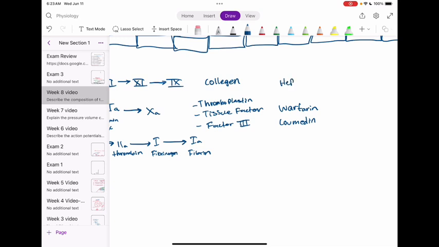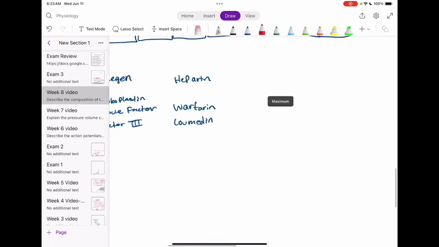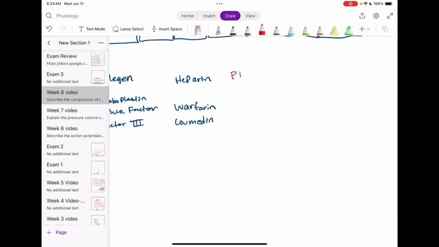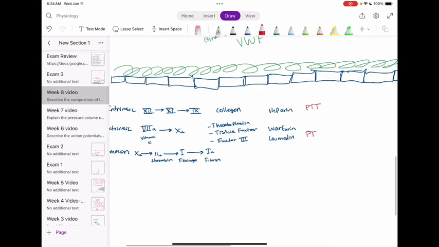We have heparin. The tests to figure out these levels are PTT in intrinsic and PT in extrinsic.